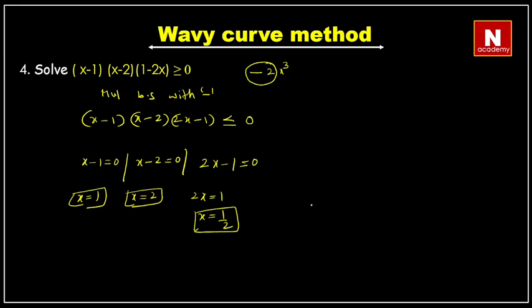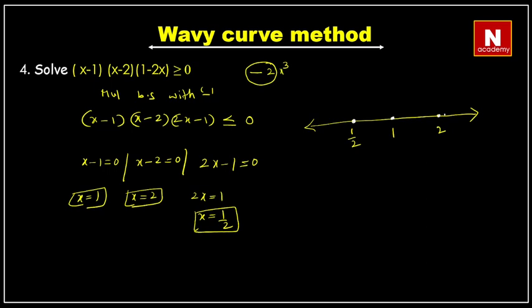In step 4, draw the number line and mark these critical points on it in increasing order. Equality is given, that's why I am taking dots, because the critical points are also included in our solution set. So the first one is 1/2, then 1 and 2. Next, what is the largest critical point? 2.